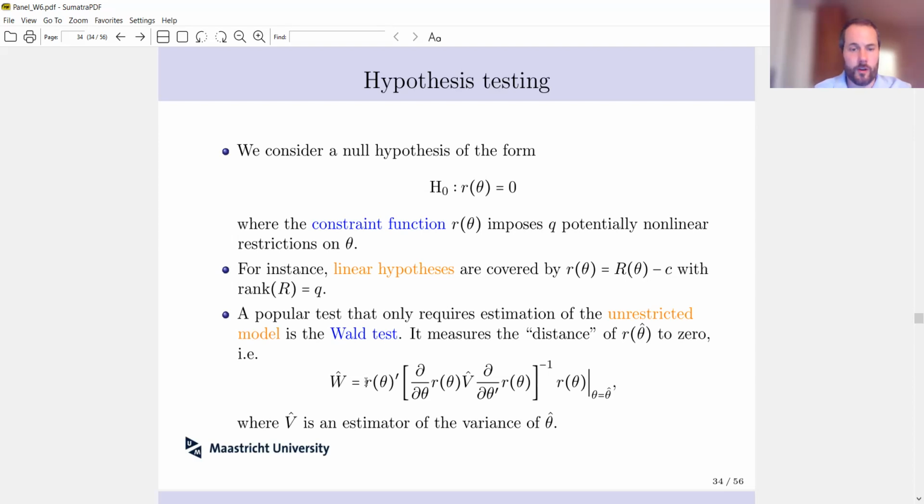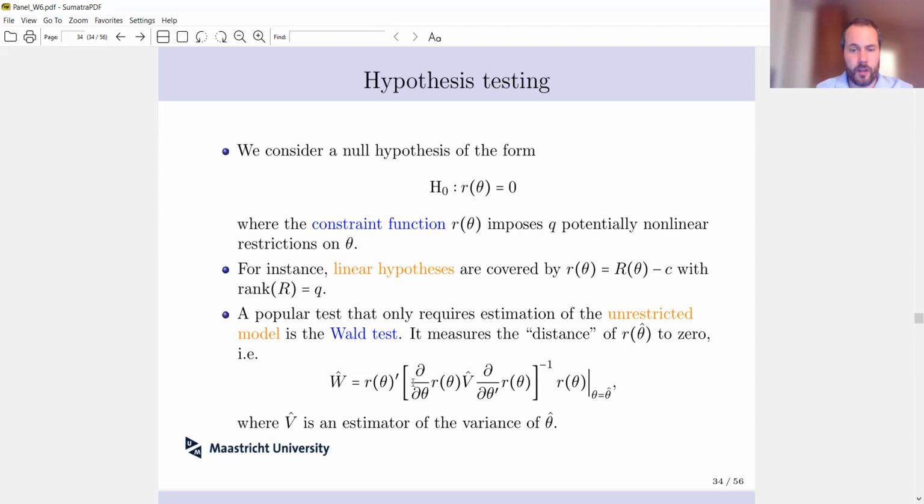So what is this thing actually doing? We're looking at the distance of this function to 0, where the distance is measured as a quadratic form with some sort of variance estimate on the inside.